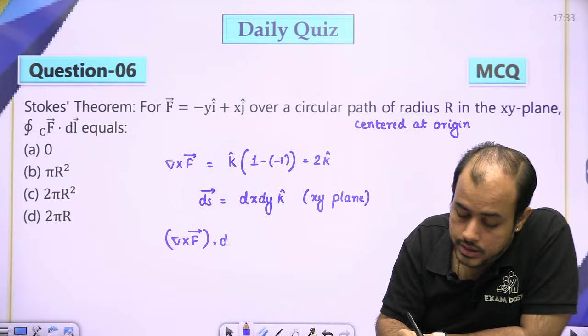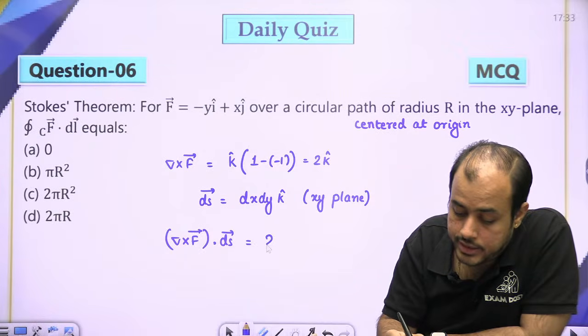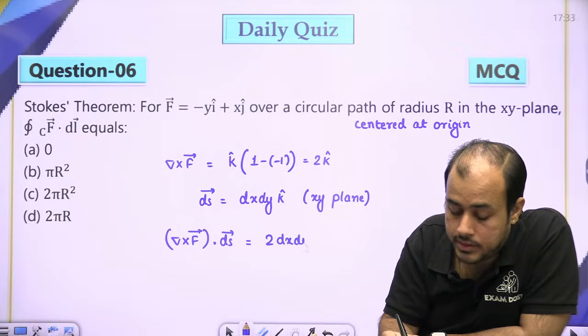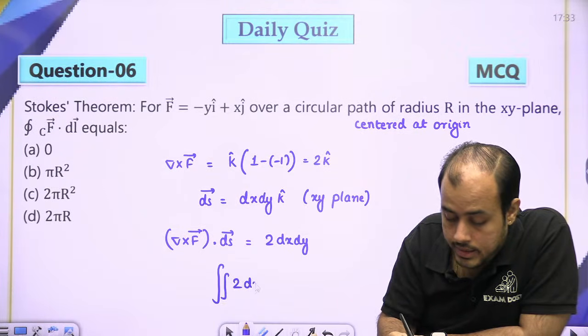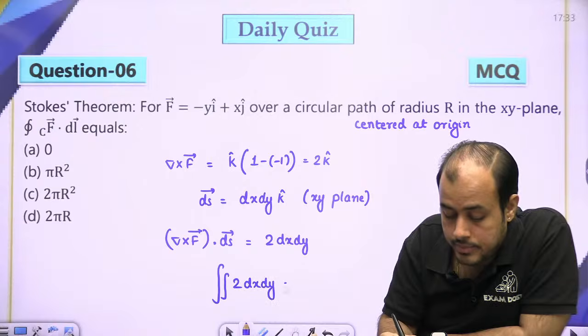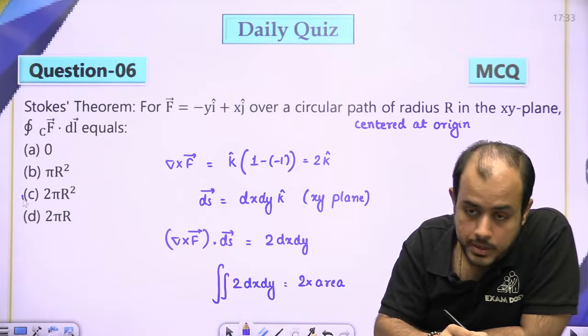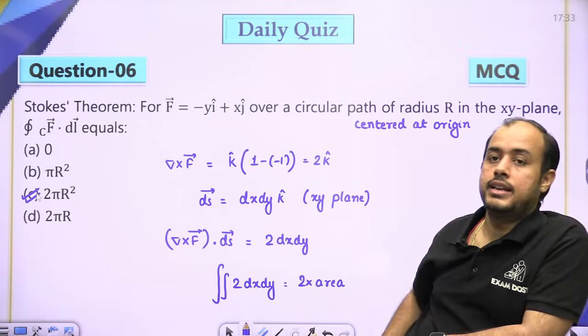Now I am converting it to a surface integration. k cap dot k cap is 1. So the integration will be like this: 2 into area, 2 pi r. Very good, everyone.